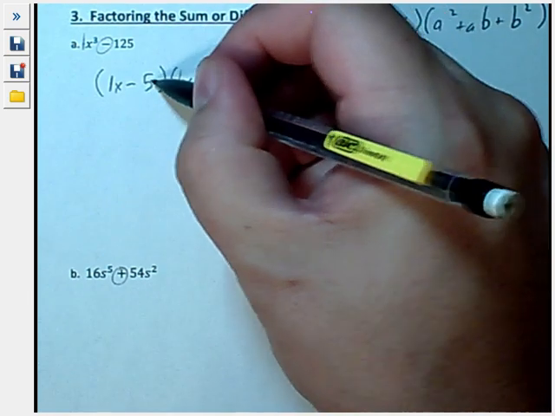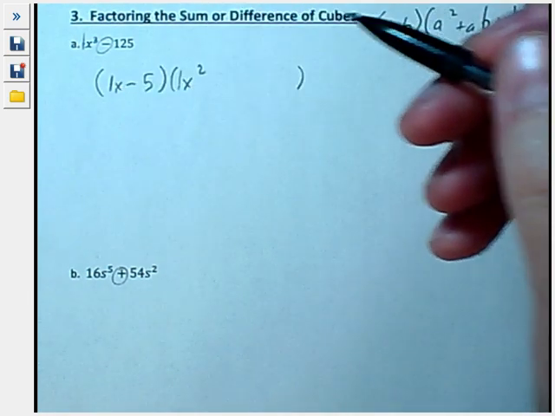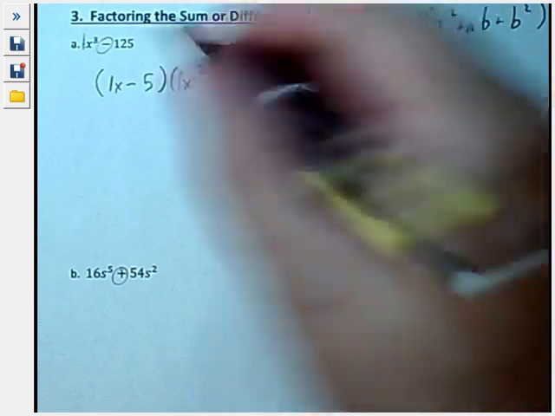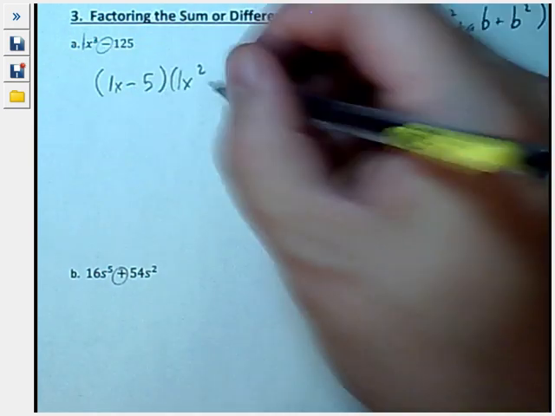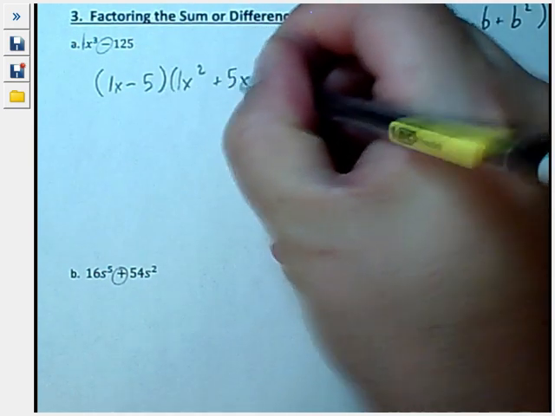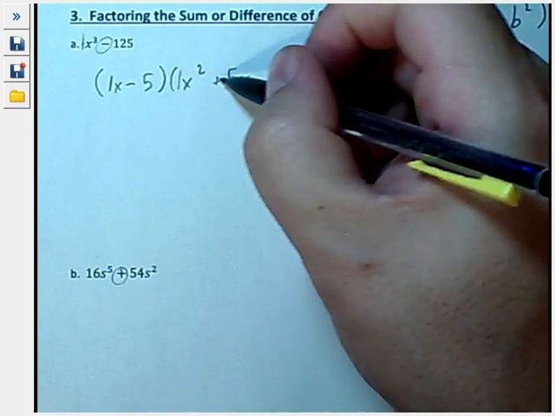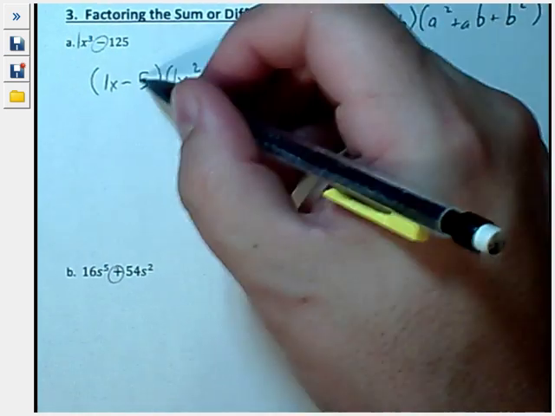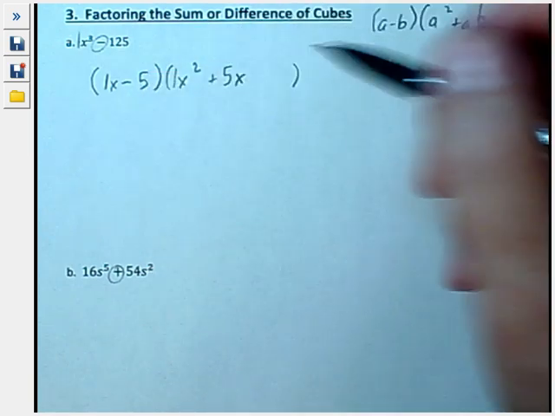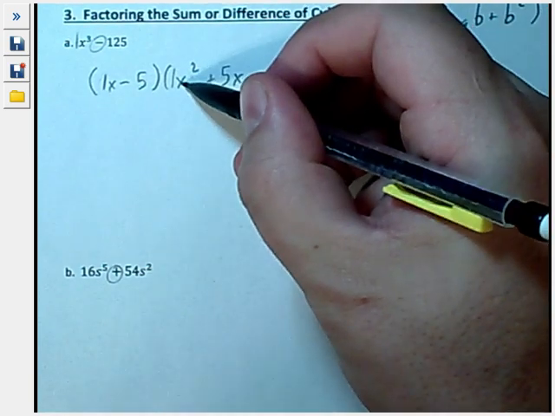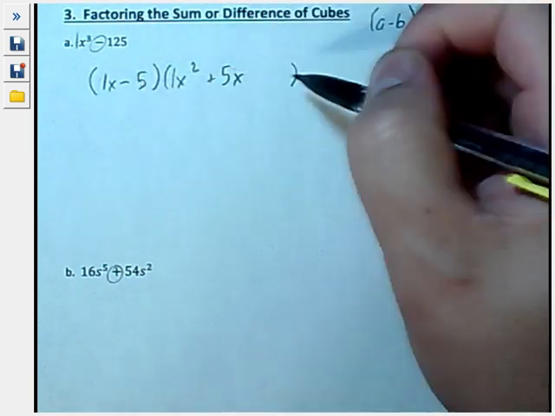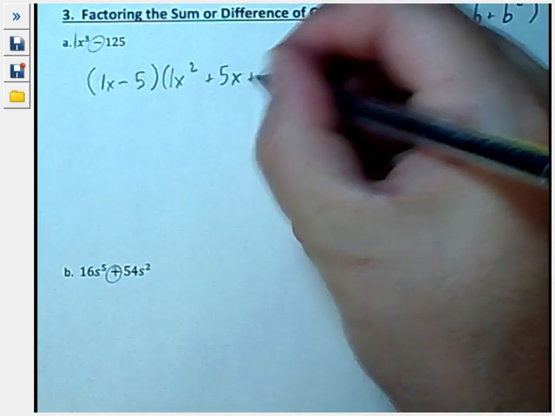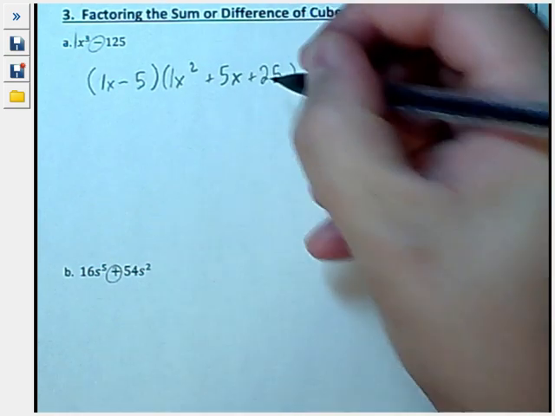So we multiply 5 times 1x, which is 5x, and we change this sign right here. It was negative, now we change it to positive. And then the last thing we do is square this last number, just as we squared the first one. So this is going to be plus 25.